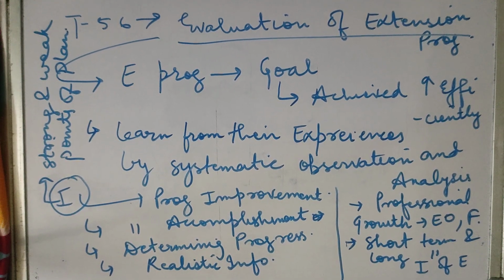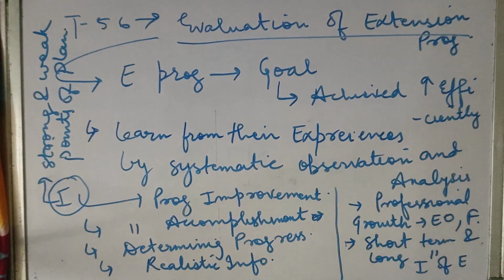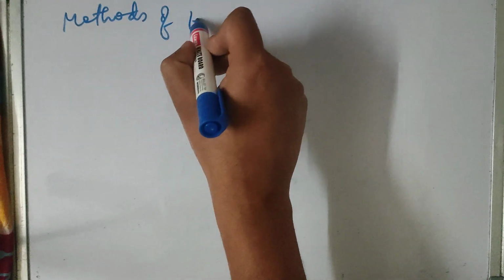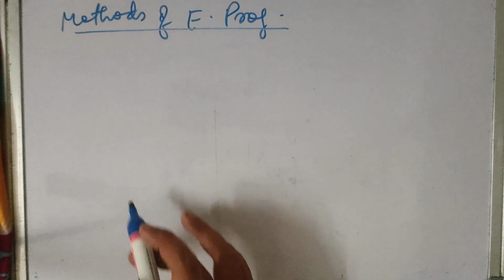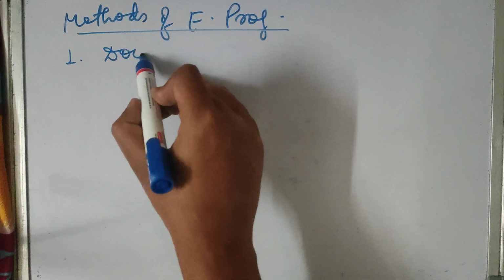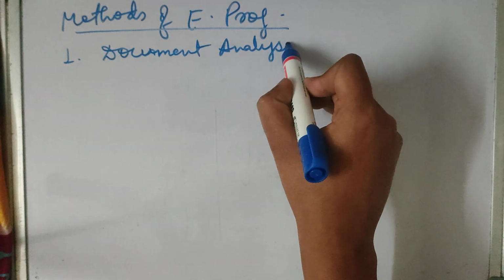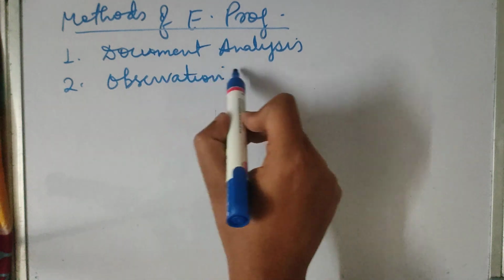Now, what are the different methods through which evaluation could be done? So we will now move into methods of evaluation program. The various methods are available here. First of all, we can do document analysis. We can do observations based on findings.